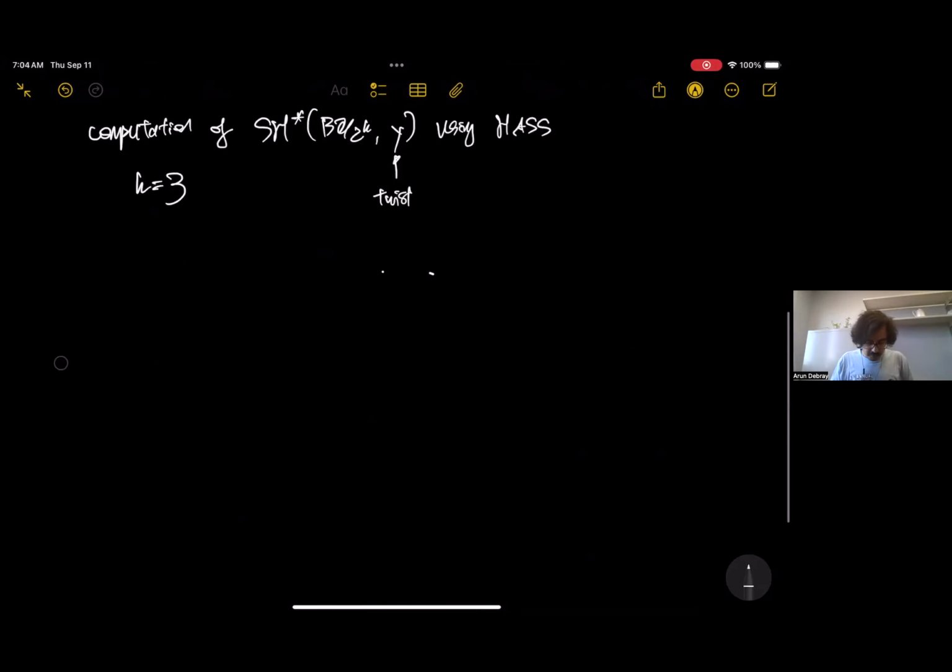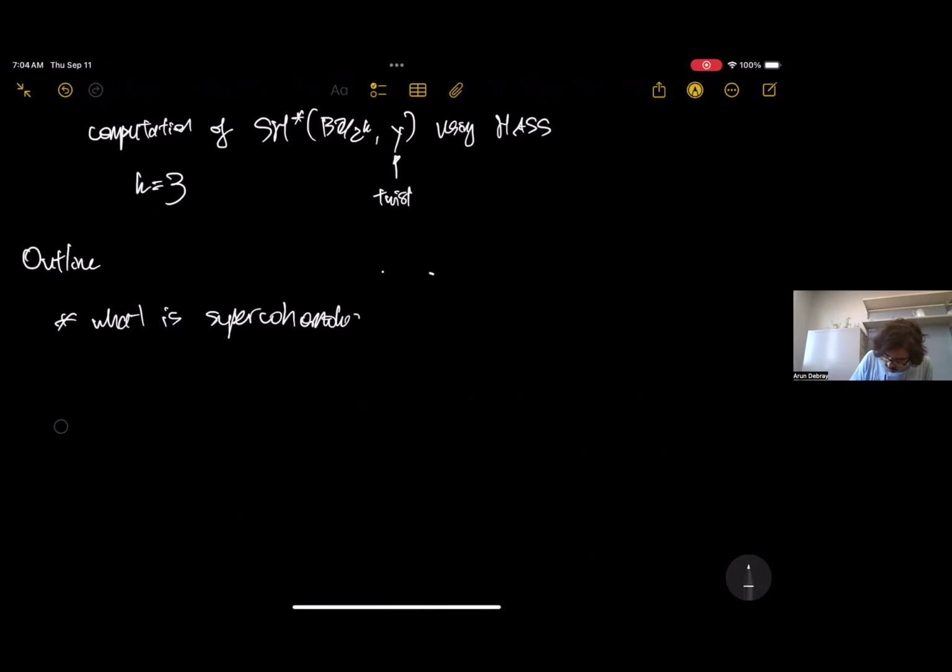But without further ado, what are we actually going to do? I better tell you what supercohomology is, as I mentioned, and why it deserves this name. This is a pretty grandiose name. So supercohomology, no surprise, is a generalized cohomology theory.